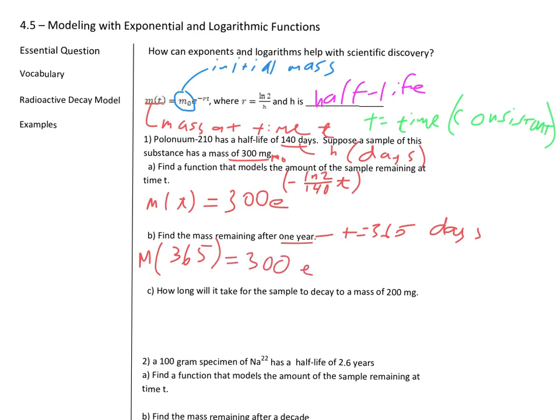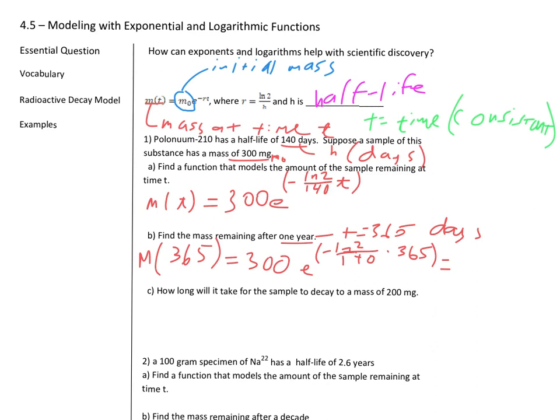Okay, so we'll do 300e to the power of negative ln 2 over 140 times 365. From there, I'm just going to type this into the calculator and see what it does.